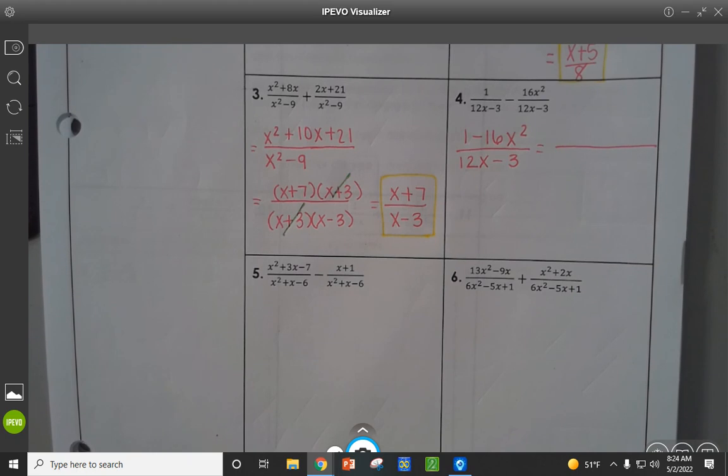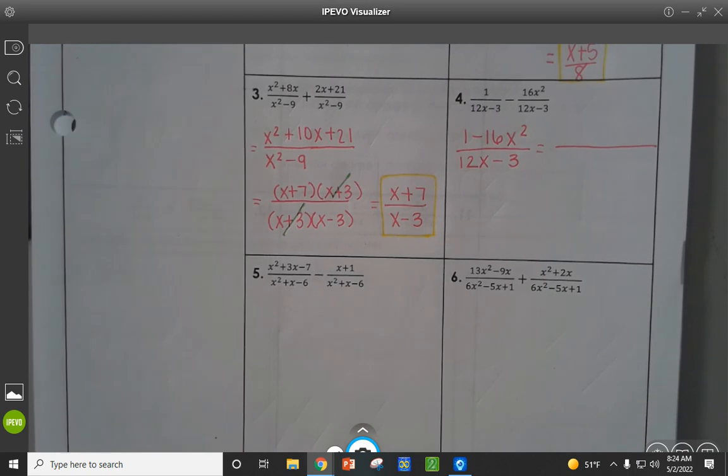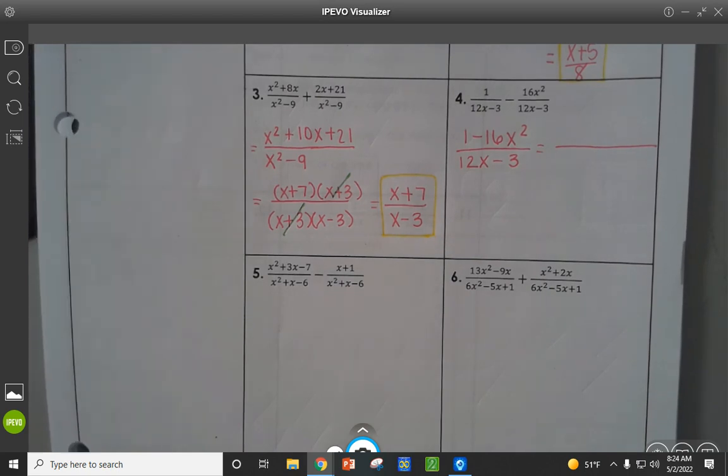Is there a GCF in the top? No. So how does that one factor? It is also a difference of squares because it's a subtraction of squares.